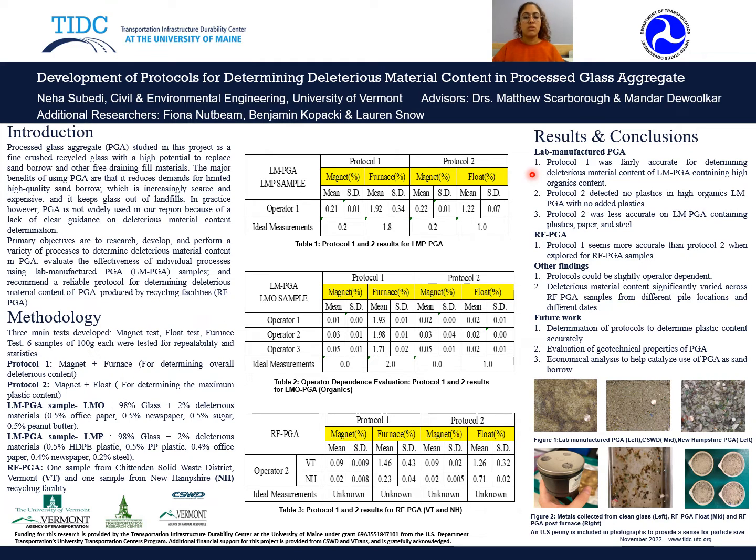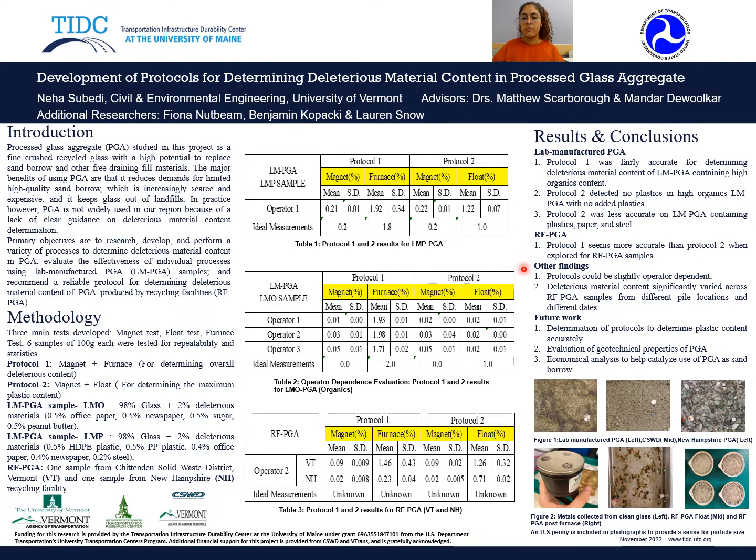Protocol 2 detected no plastics in high organics LMPGA with no added plastics. Likewise, Protocol 2 was less accurate on LMPGA containing plastics, paper, and steel. Similarly, for RFPGA, Protocol 1 seemed more accurate than Protocol 2 when explored for these samples.